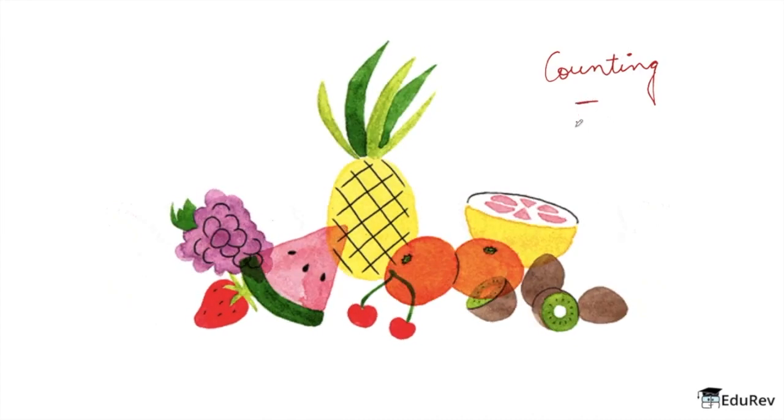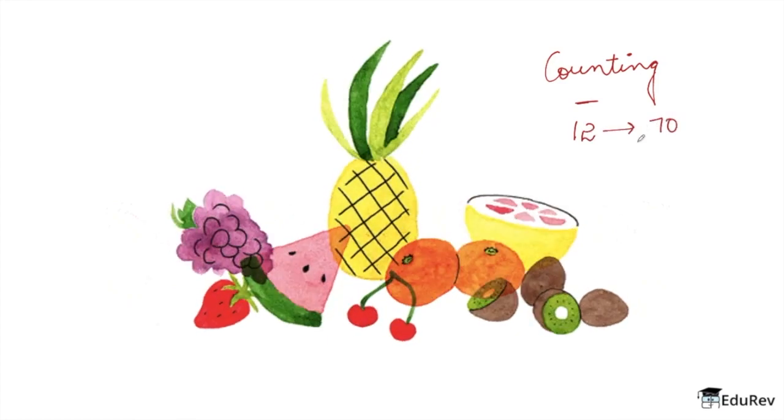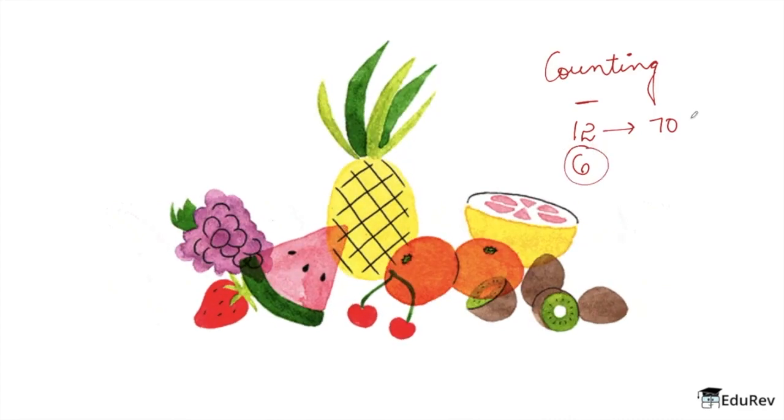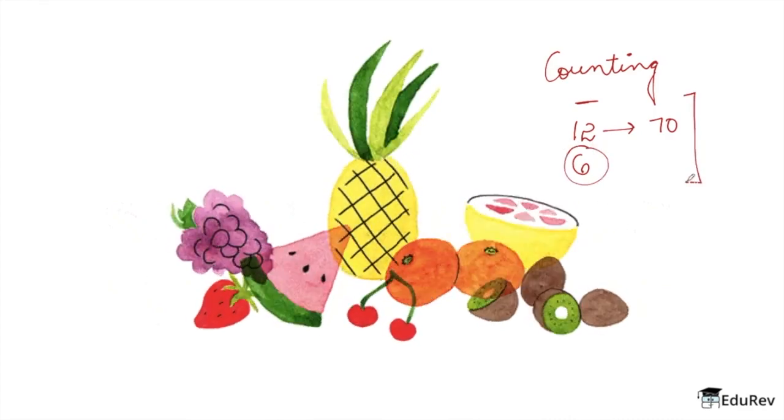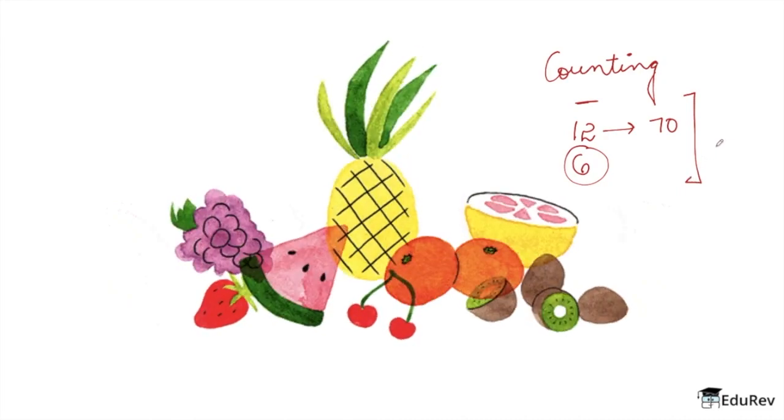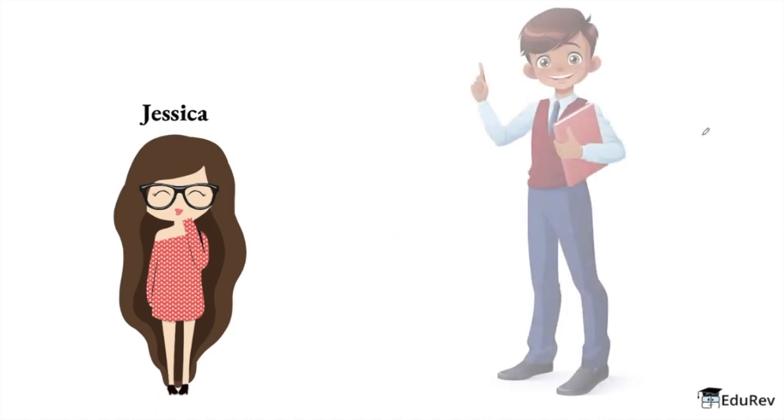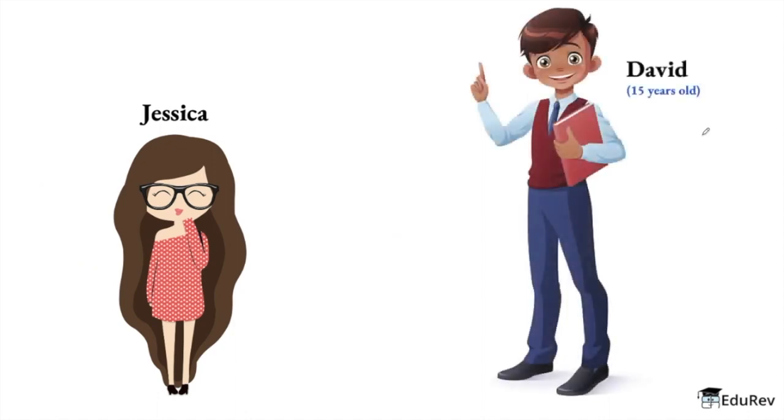For example, if 12 bananas are, let's say, 70 rupees, then how much do you have to pay if you want to get 6 bananas? So for this calculation itself, you need what? Numbers. And not only this, for equations itself, you need numbers, right? For example, there is this girl whose name is Jessica, and this boy whose name is David.